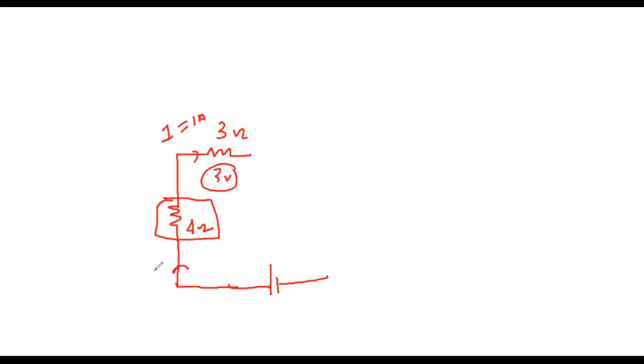Current flowing is 1, so effective voltage will be 4 here. And this effective was 3. The same total current flows, so 1 into 3 is 3 volt.